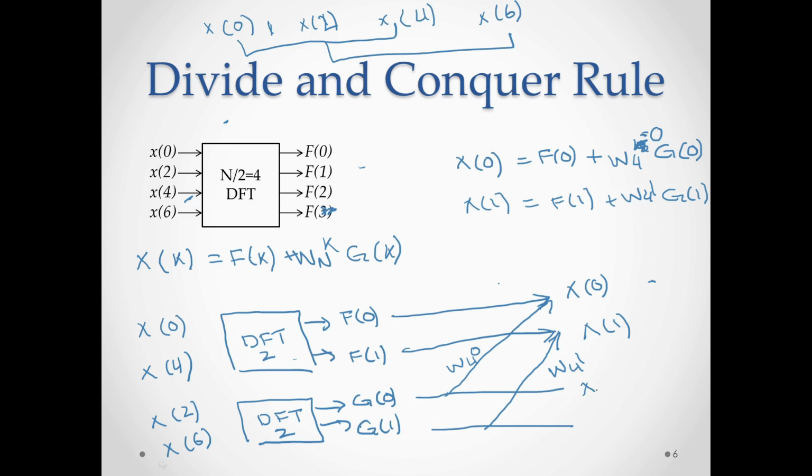Now, x of 2 term would be basically equal to, rewriting that for your convenience, x of 2 would be equal to f of 2 plus w42 g of 2.